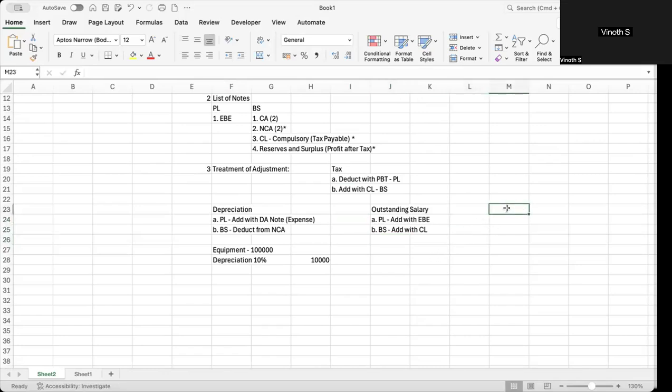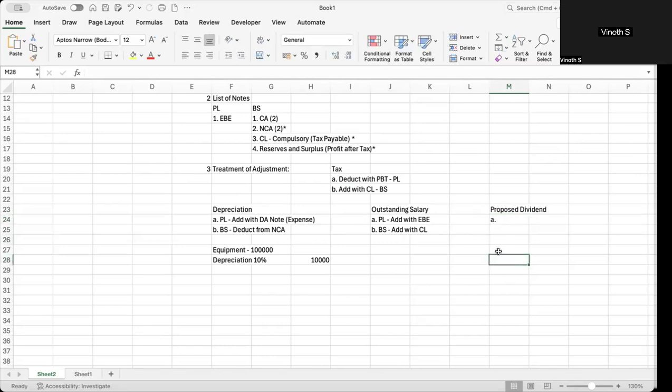Third one, proposed dividend. The proposed dividend will reflect in two places, and both are only in the balance sheet, not in the P&L. First, we need to calculate how much is the proposed dividend. Mostly the proposed dividend will be given at the rate of so much per share.